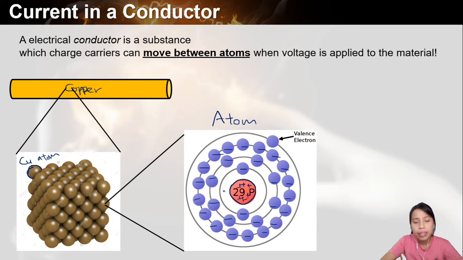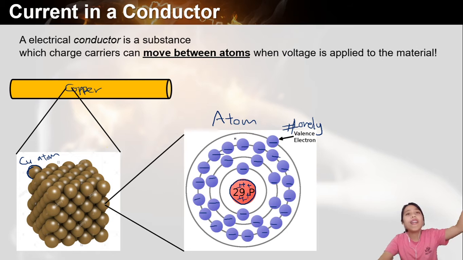Except there is one fella out here, which is alone. So lonely. It is so lonely. So you have one lonely electron outside. They often call it the valence electron. This electron, very sad. Sometimes it will get lost.